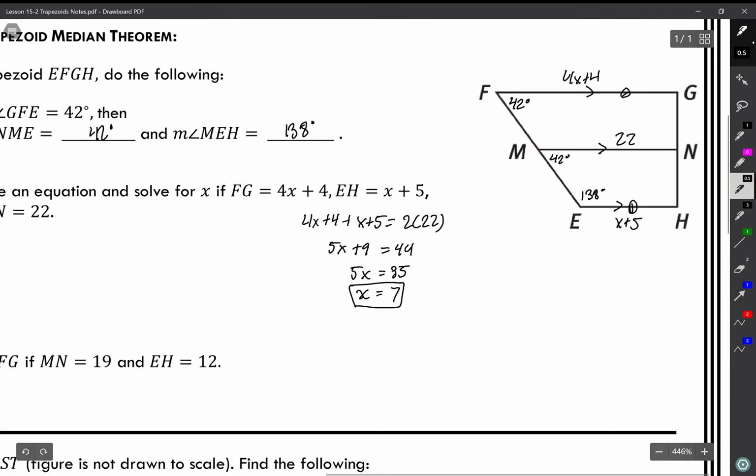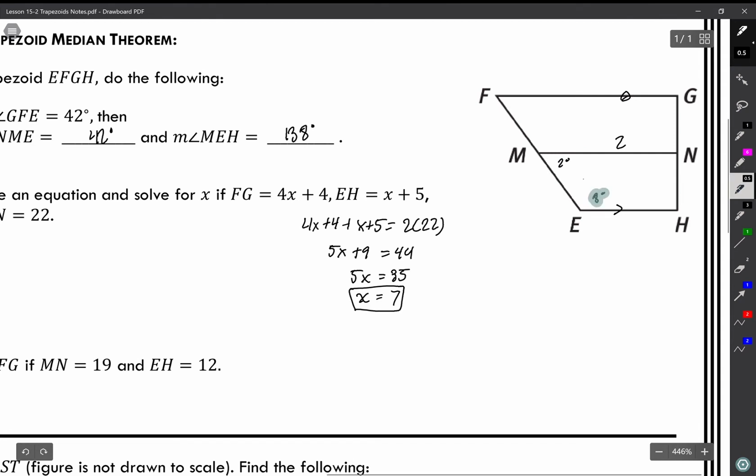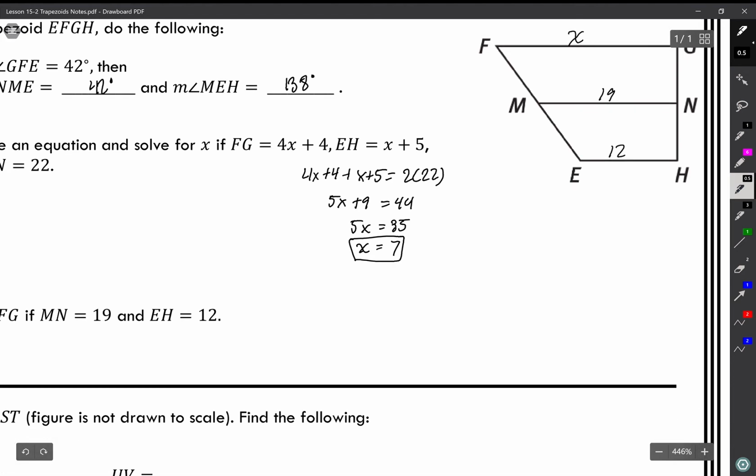Find FG. I'm going to go ahead and erase all this stuff right here. Find FG if we know that MN is 19 and EH is 12. How about we call FG just x?